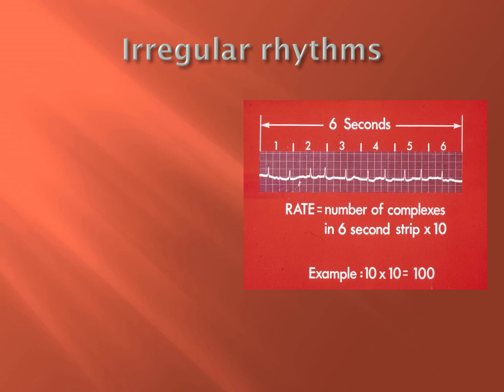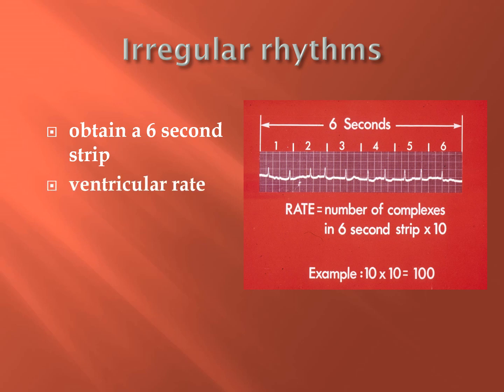For irregular rhythms, we cannot do this. This is where we want to obtain a 6-second strip, and this is where we'll look at a ventricular rate. For a 6-second strip, we count the number of R waves and multiply it by 10, so just add a 0 behind it. If I count 10 R waves, then their heart rate is 100, right?